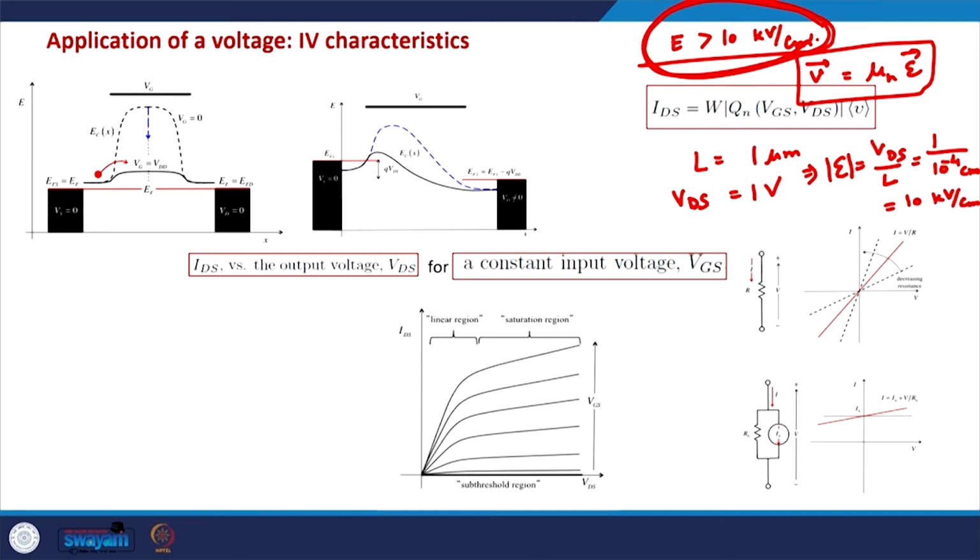So this kind of electric field is easily generated when the channel length starts going below 1 micrometer and the applied voltage is around 1 volt.